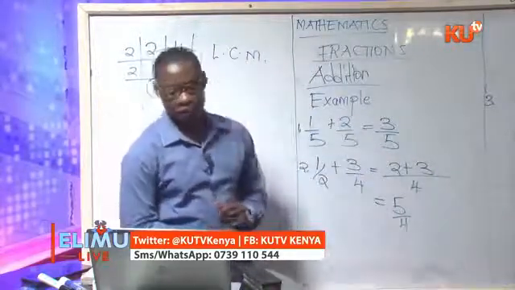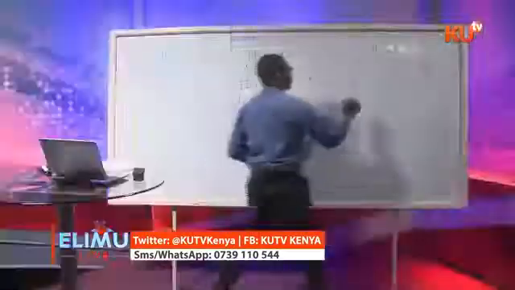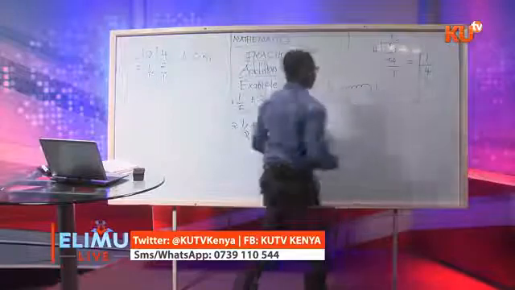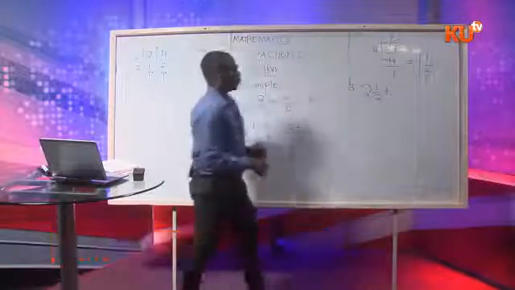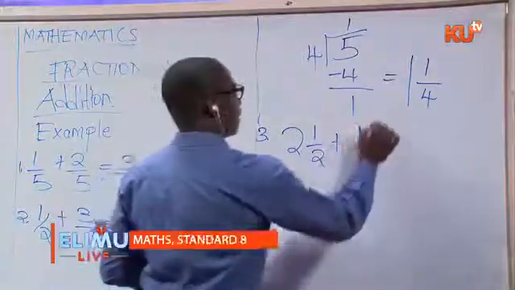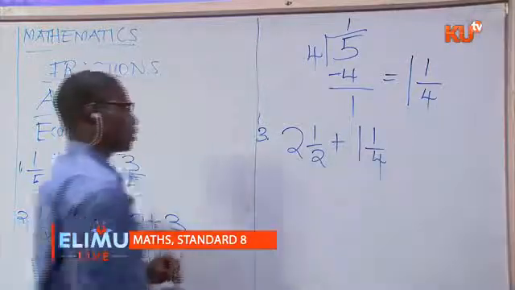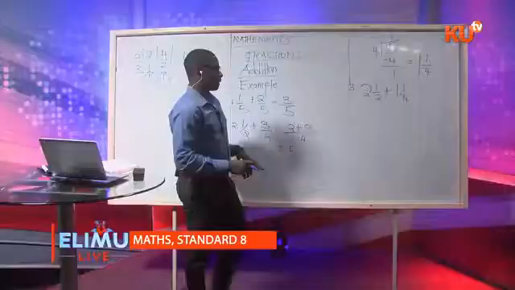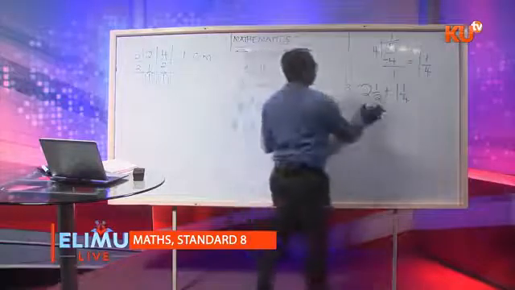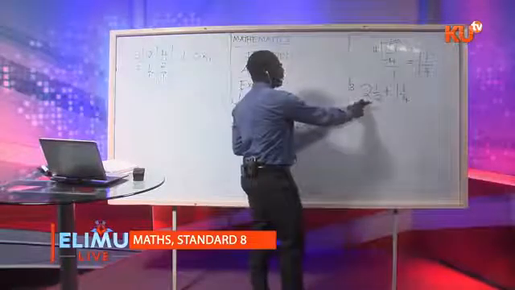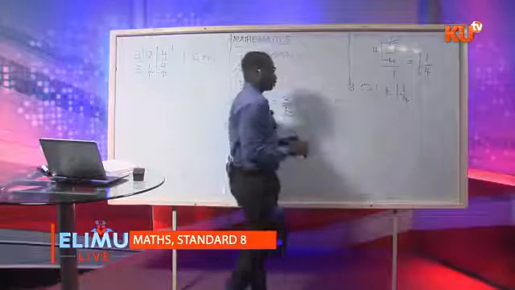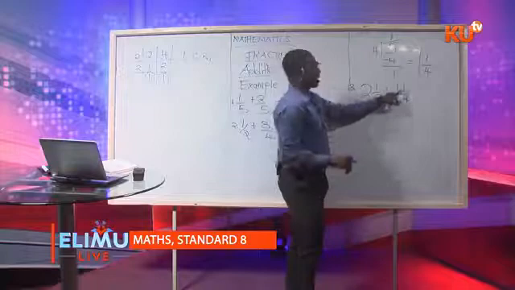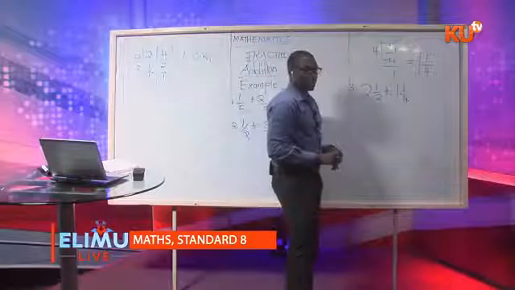An example of this, we can have 2 and a half plus 1 and a quarter. So this is a mixed fraction. 2 is the whole number, a half is the fraction part. In 1 and a quarter, 1 is the whole number, a quarter is the fraction part.